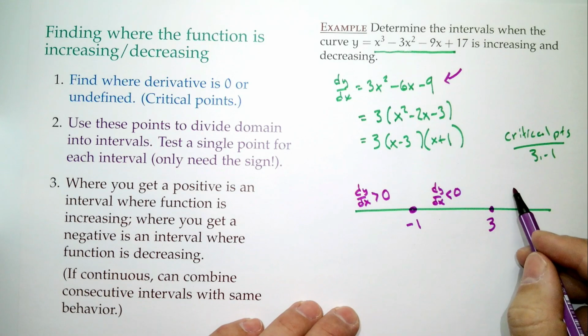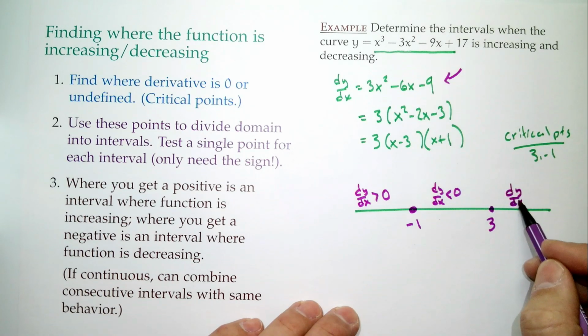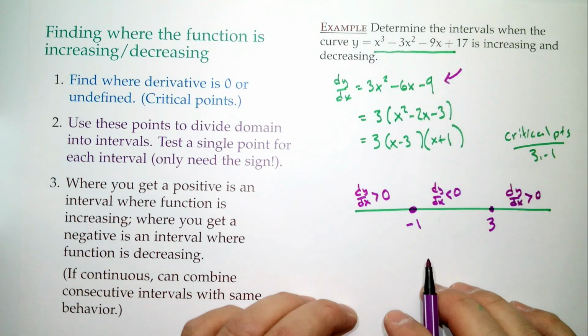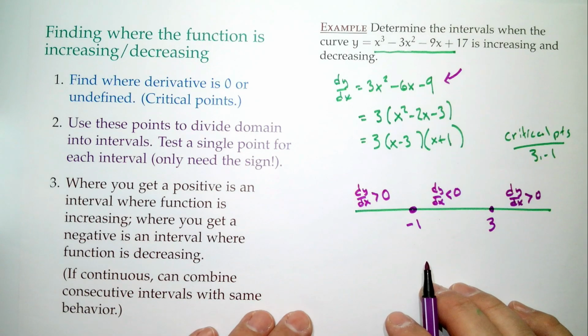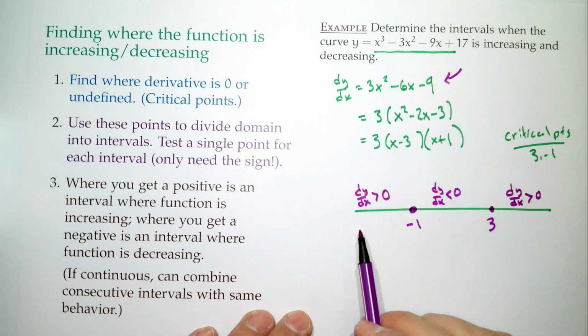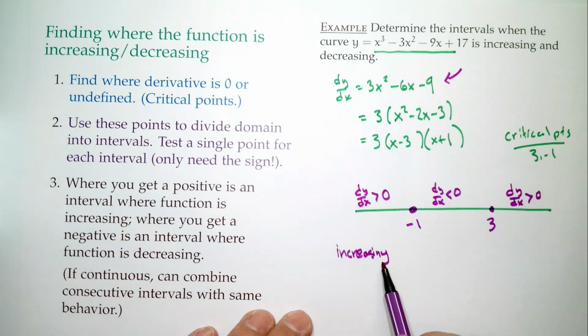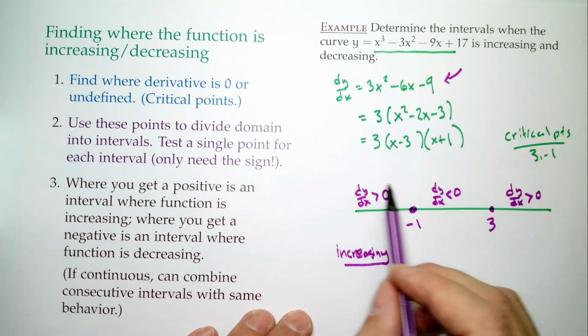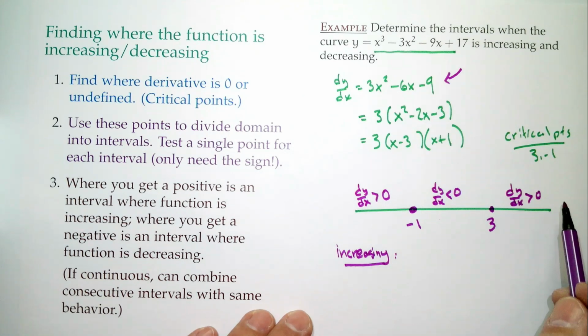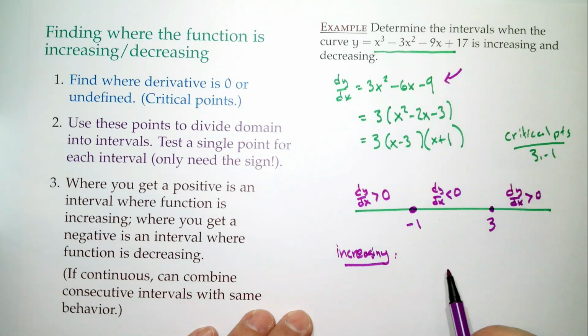And what is the sign? It's positive. So this is great. So, what can we say? Well, where is it increasing? The answer is we look to see where the derivative is positive. So it's increasing up to negative 1 and also above 3.